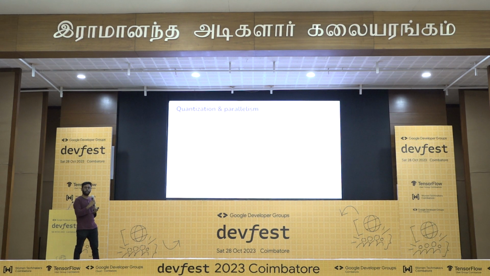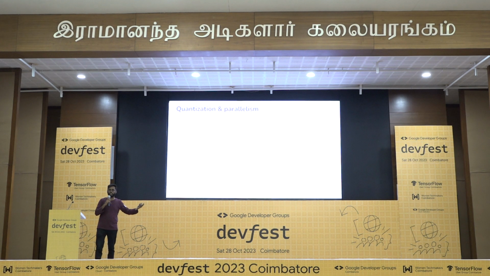The other optimization that we can do, and the most popular one, is quantization, right? As we saw in the previous slides, the amount of memory required by a model depends on, as one criterion, the number of bits you use to represent the weights.